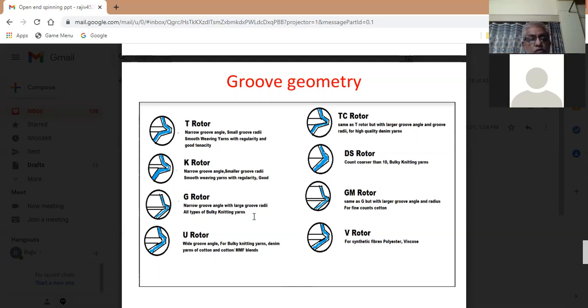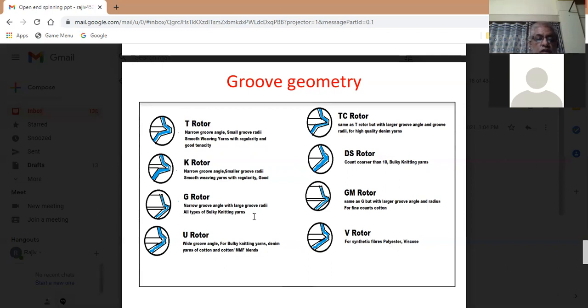Then comes the U rotor. U rotor, as its name suggests, is having wide groove angle, and it is used for bulky knitting yarns, and it is used for denim yarns of cotton and cotton man-made fiber blends.